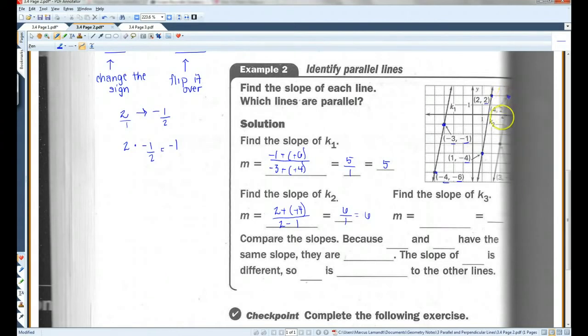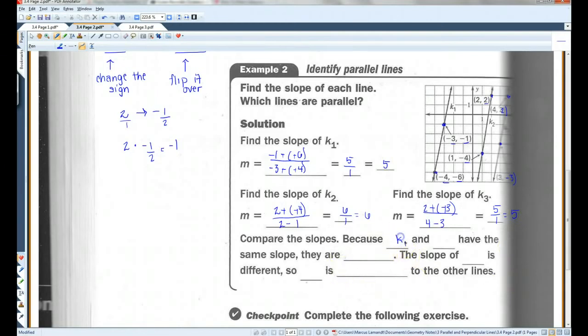And over here, you can't really see it, but there's a point here. And there's a point here. This is 4, 2. And this is 3, -3. Okay? So I've got 2 minus -3 over 4 minus 3. Becomes positive. 2 plus 3 is 5. This equals 5. Okay. Compare the slopes.